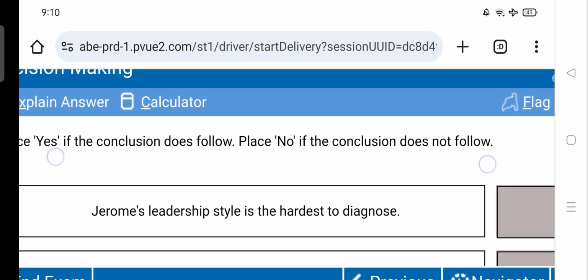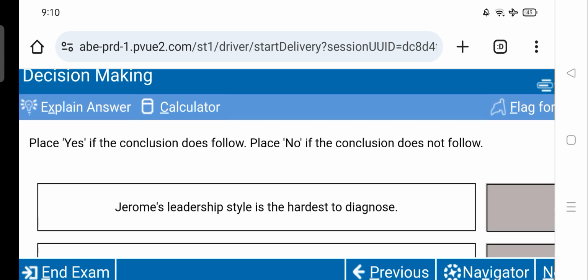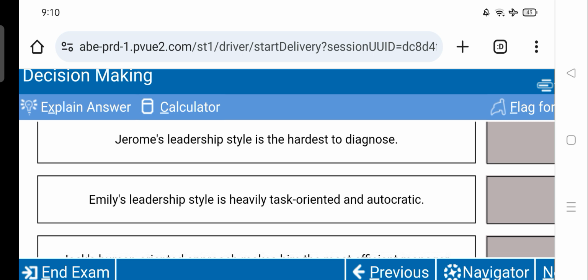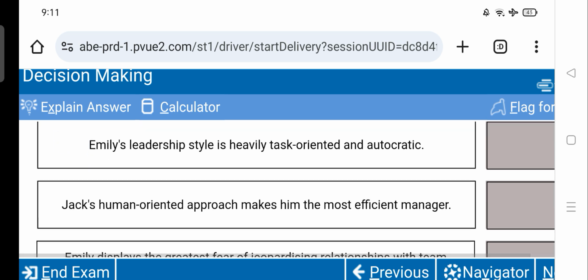Here we have our first conclusion, which says Jerome's leadership style is the hardest to diagnose. Second, Emily's leadership style is heavily task oriented and autocratic. Third, Jack's human oriented approach makes him the most efficient manager.